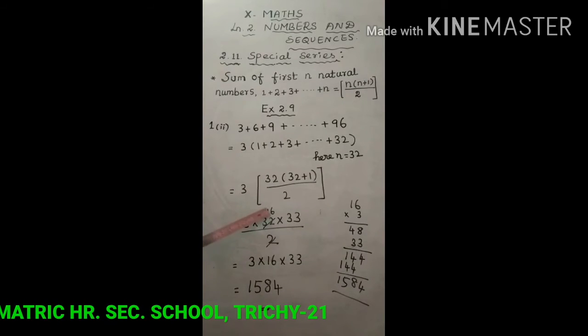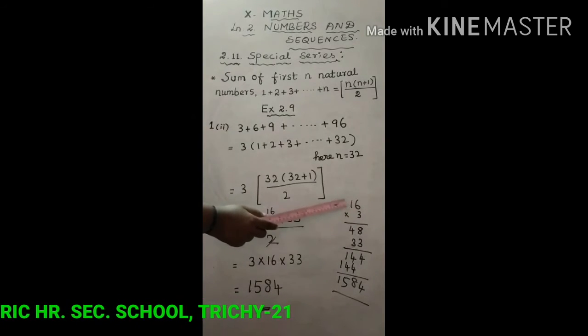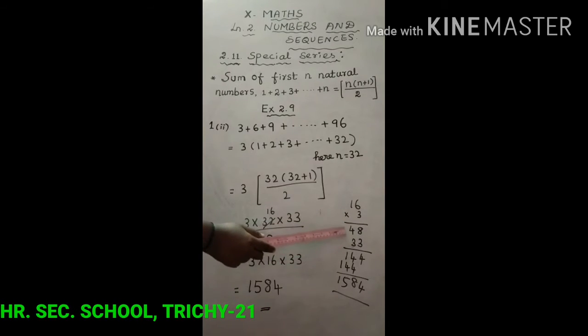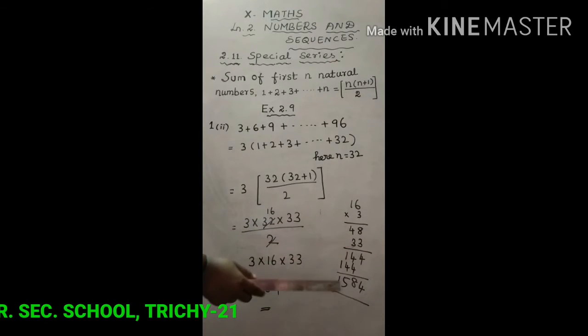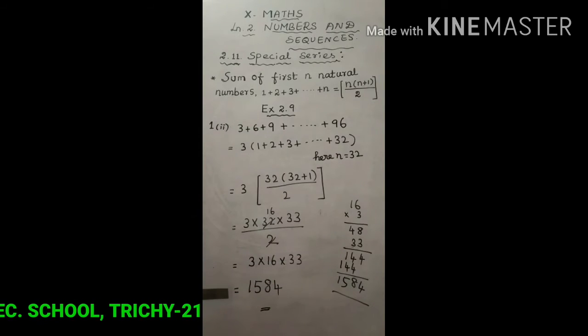So 3 into 16 into 33. 3 multiplied by 16, we have 48. 48 multiplied by 33, we have 1584. So the sum of the given series is equal to 1584.